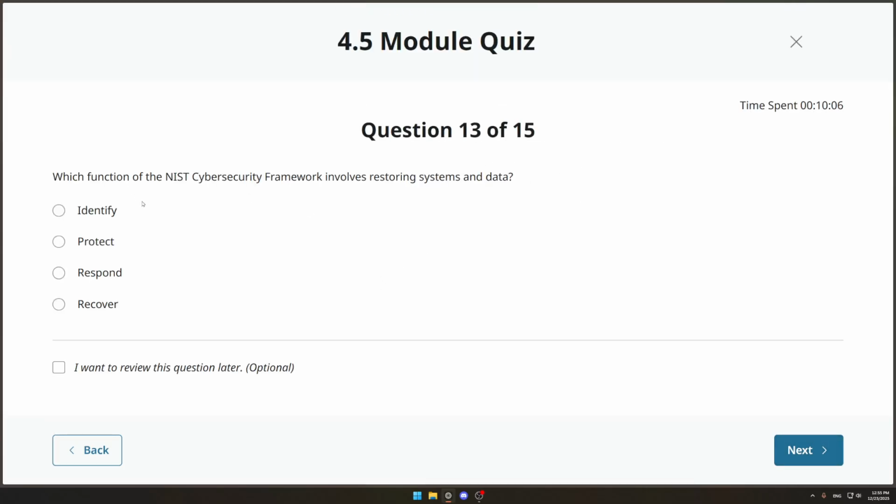Which function of the NIST cybersecurity framework involves restoring systems and data? It's probably recover if we're restoring stuff. What type of firewall is typically used to protect a single workstation or server? A single is probably one of these.